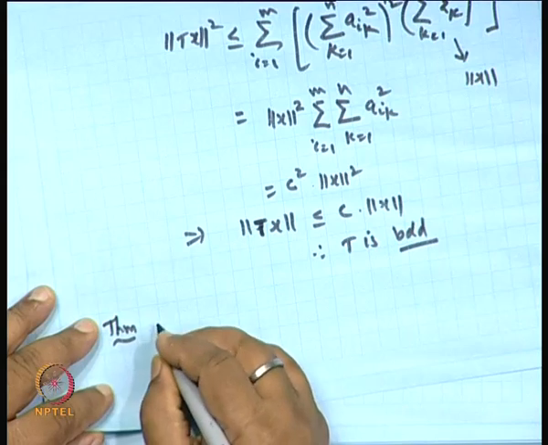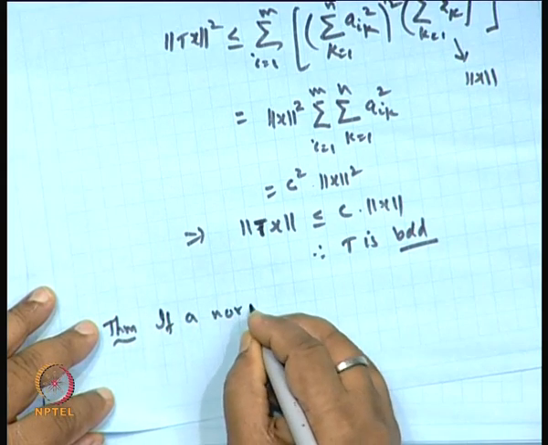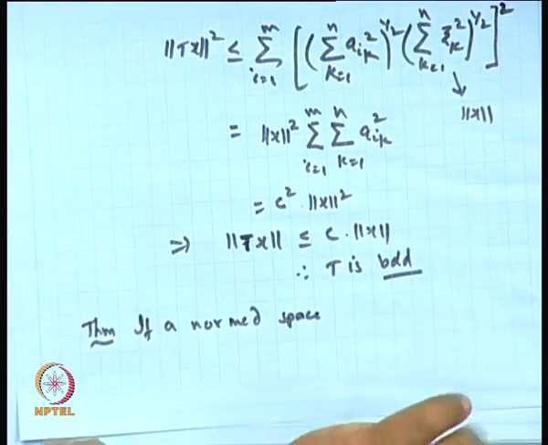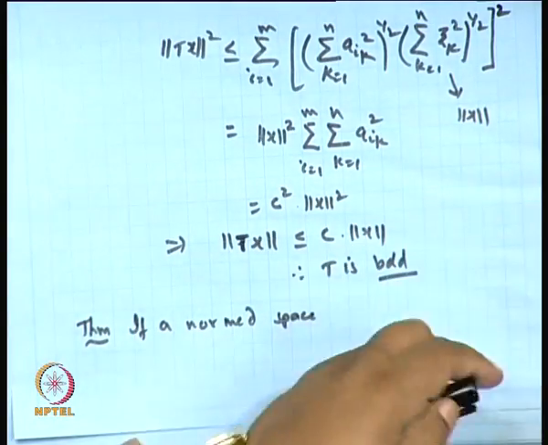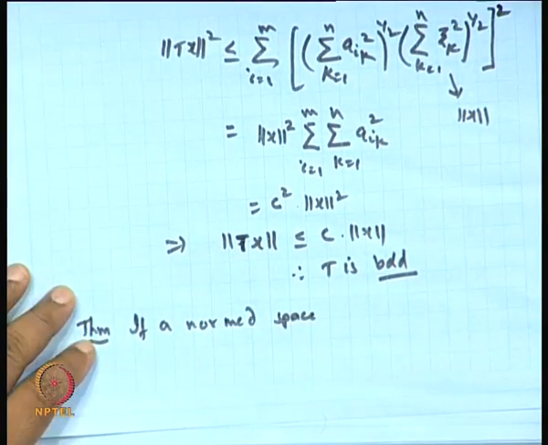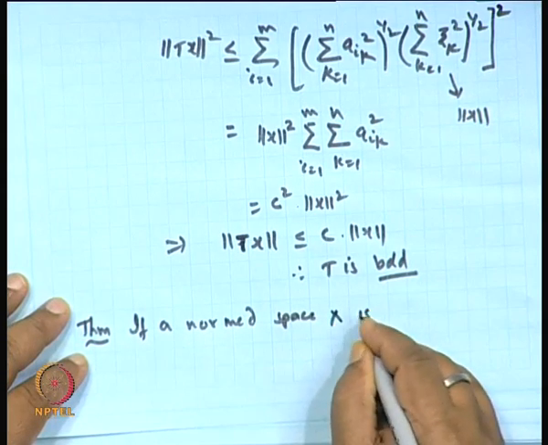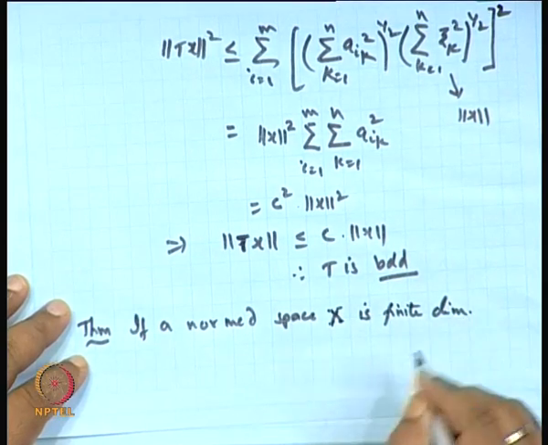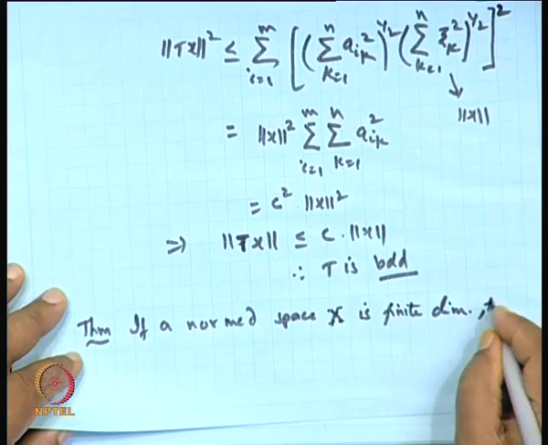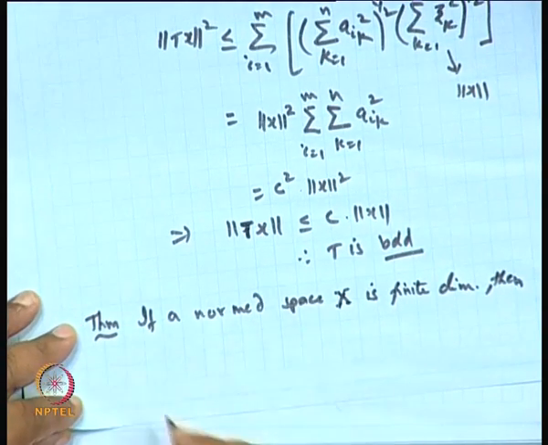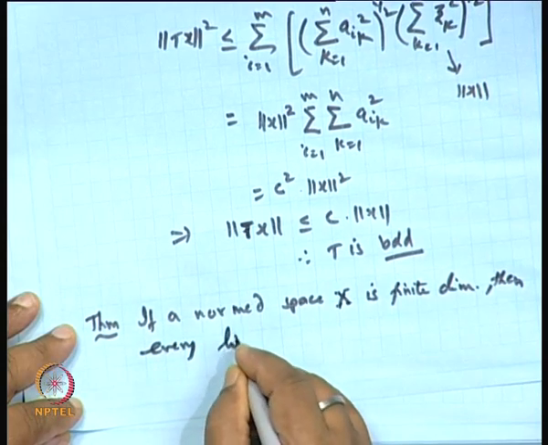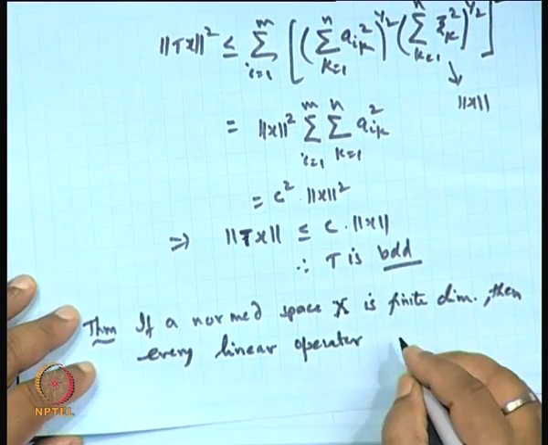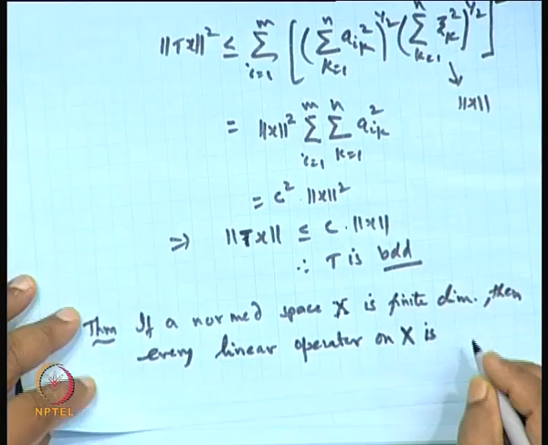The result is: if a normed space X is a finite dimensional normed space, then every linear operator on X is bounded.